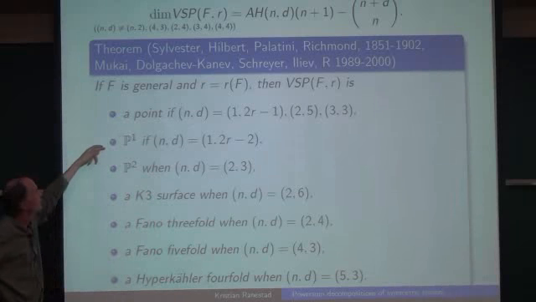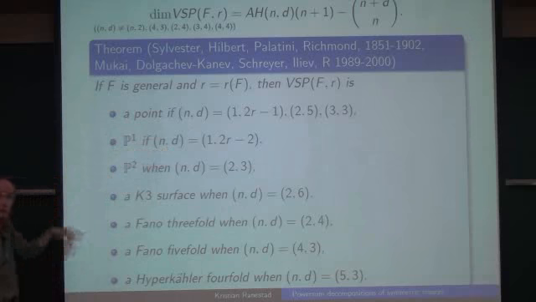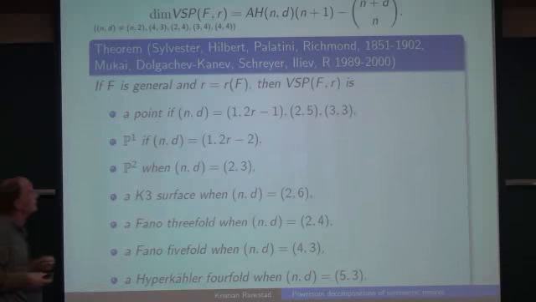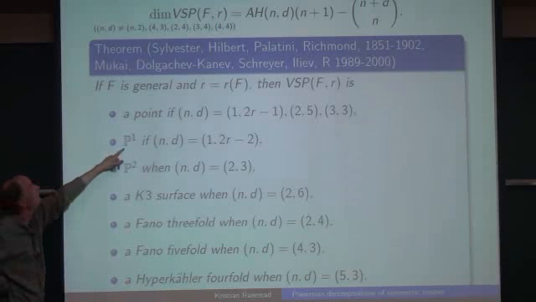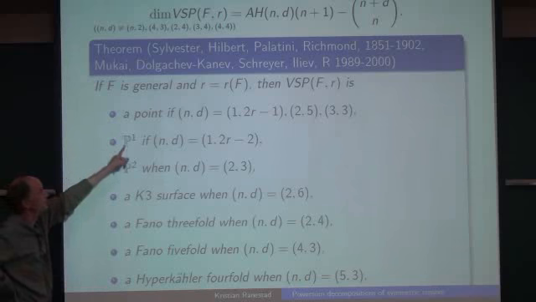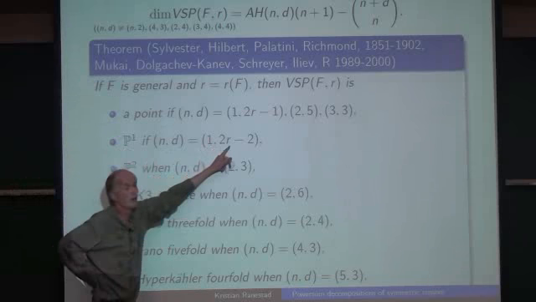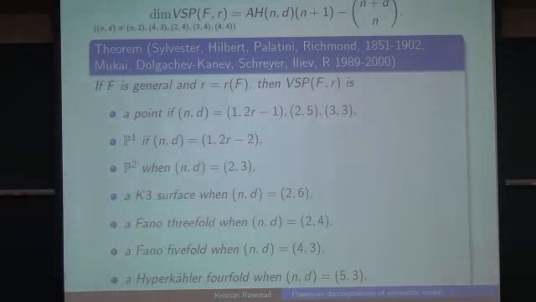And now here, if you have a binary form of even degree, then the 2 generators of the annihilator have the same degree, so you choose any element in that degree in that ideal, and you get a presentation. So that's the P1. So you have a P1 of different presentations if you have a binary form of even degree.